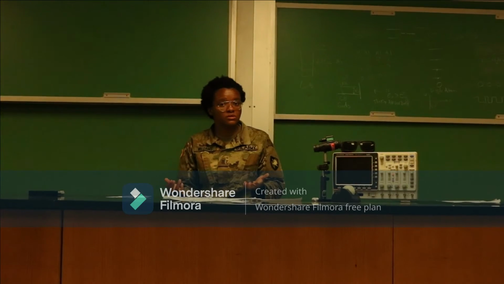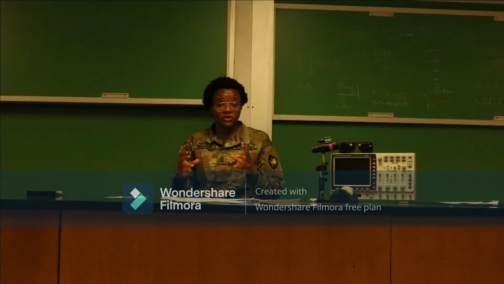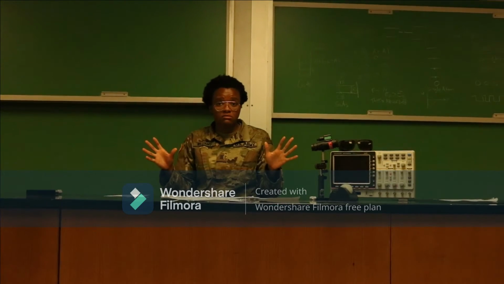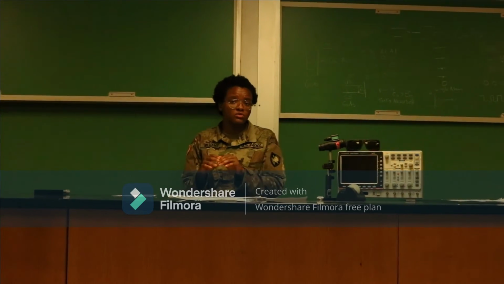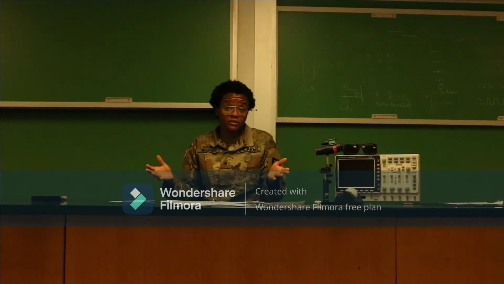That's what QWIPs use. QWIPs use that simple movement of "I'm going to stay here, I'm going to be excited, and then that's it." There's no moving, there's no necessarily need for a band gap, and that's what they really eliminated.